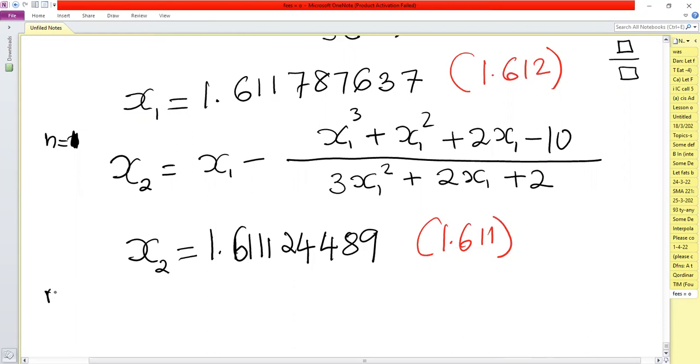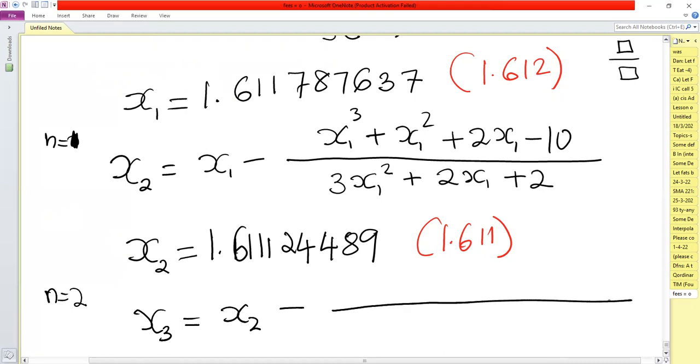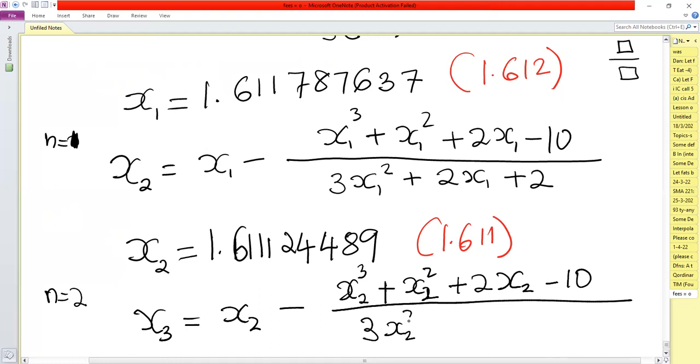So n equals 2. You don't have to delete this answer from the memory of your calculator. So the formula will be x3 equals x2 minus x2 cubed plus x2 squared plus 2x2 minus 10 over 3x2 squared plus 2x2 plus 2.